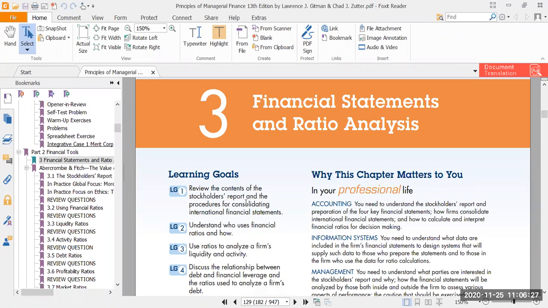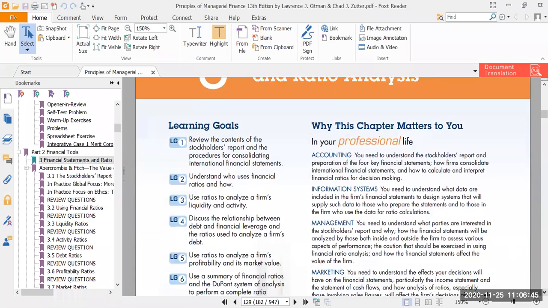international financial statements. Then we will understand how the financial ratios are calculated and how they are used while making financial decisions. Then we are going to use these financial ratios to analyze the firm's liquidity and activity.